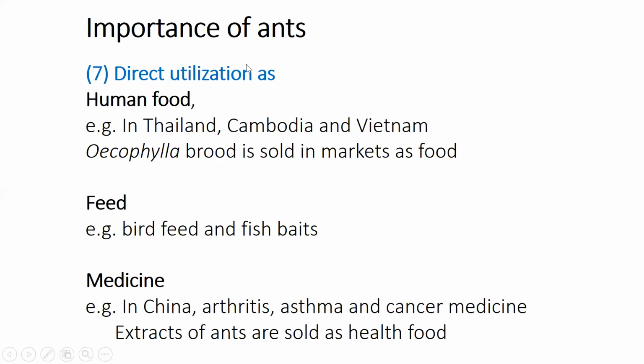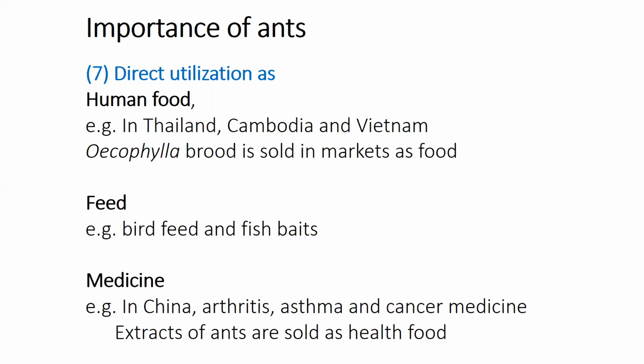As human food, I know countries such as Thailand, Cambodia, and Vietnam, where Oecophylla brood is sold in markets as food. That is what I showed you earlier. And as feed, especially for bird feed and fish baits, ant brood is used.